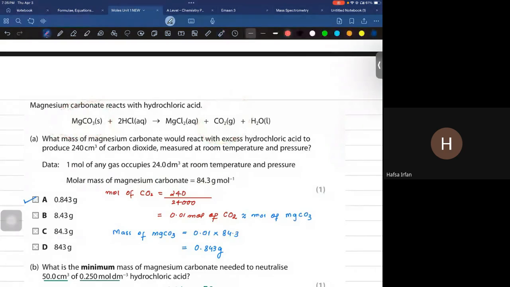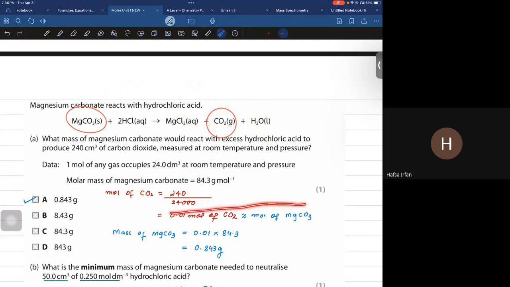And before doing this question, you have to identify what is the thing that you have to consider. Of course, you have to consider the given and the required thing. The rest of the things are unnecessary, we would not be including them in our calculation. So the mole ratio between CO2 and magnesium carbonate is 1:1.